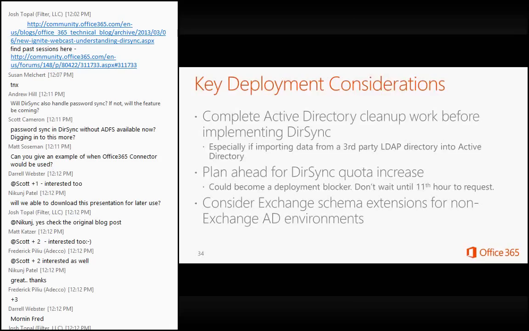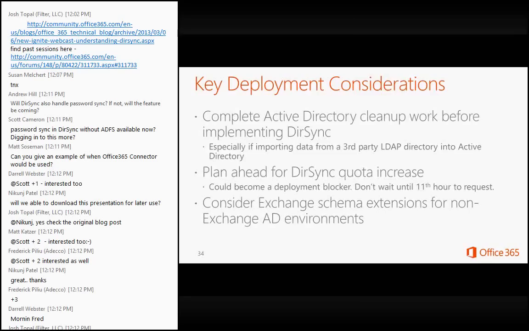If you run the deployment readiness tool and you have more than 50,000 objects, for example 80,000 or 100,000, and you didn't log a support call to get that tenant extended to the number of objects that you've got, directory sync would sync up to 50,000, and then you'd see a log in the event viewer that says you can no longer sync because you've reached the limit of your tenant.